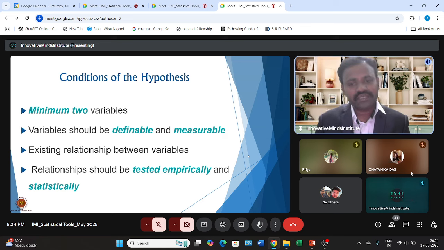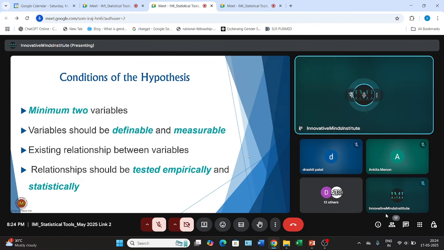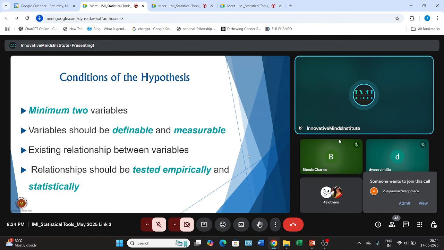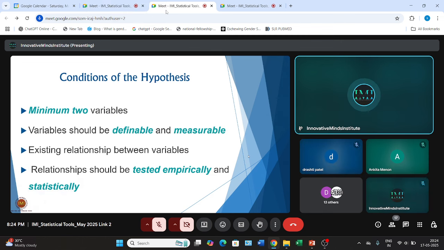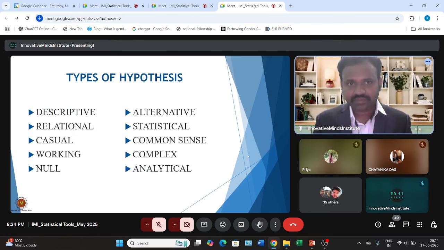The relationship should be tested empirically and statistically. If you develop a hypothesis which cannot be tested, you cannot call it a hypothesis, right? You can develop many different types of hypotheses. There are plenty of hypotheses there.